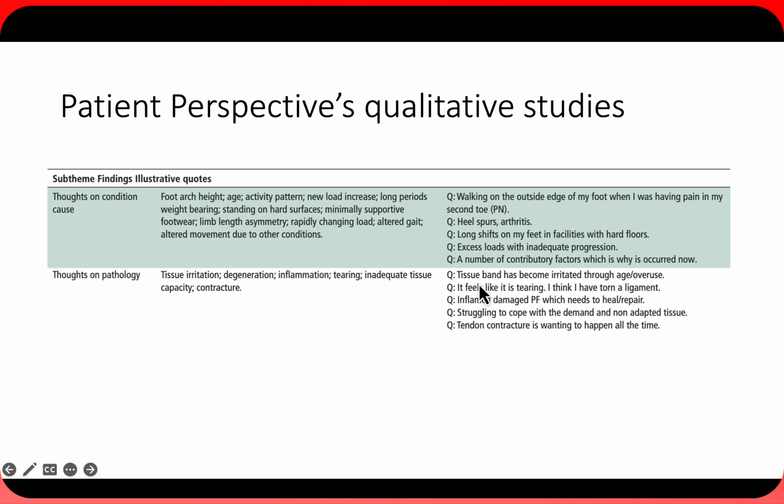And then you can also see very descriptive words used for what's happening in their foot, like it's tearing, right? And that gets to do with what it feels like and the nature of the pain, not just the intensity. And then some other qualitative words here that they use to think about their plantar fasciitis problem.